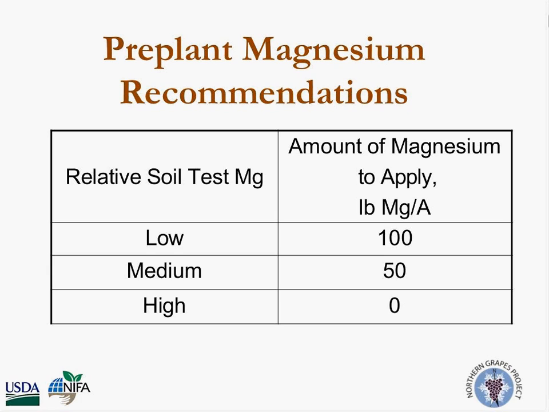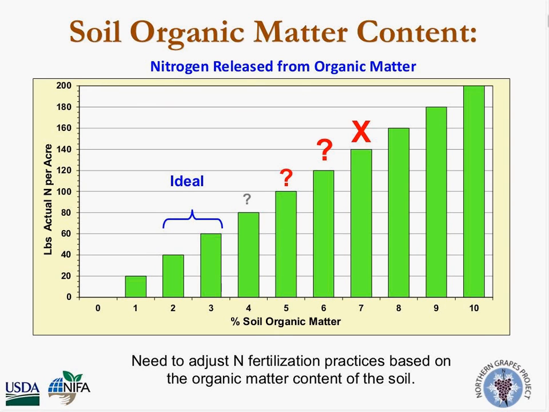Soil organic matter content is a property of the soil that's important to know because it affects how much nitrogen is available to your plants. The higher your organic matter, the more nitrogen is available. We usually like to see, for grapes anyway, lower organic matter, because once you get into this 4, 5, 6% range of organic matter, you're going to get excessive vine growth, and that's going to require you to do a lot of pruning.